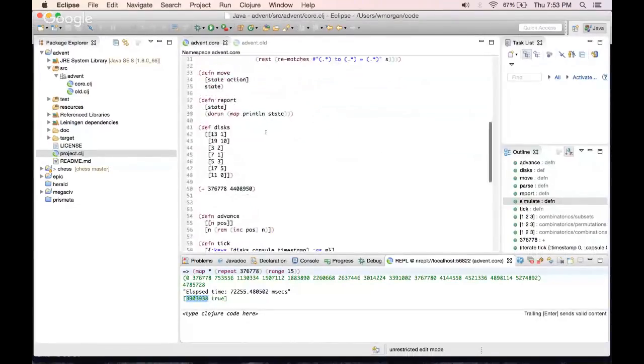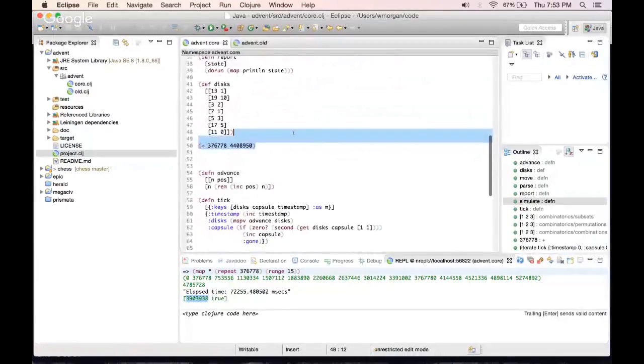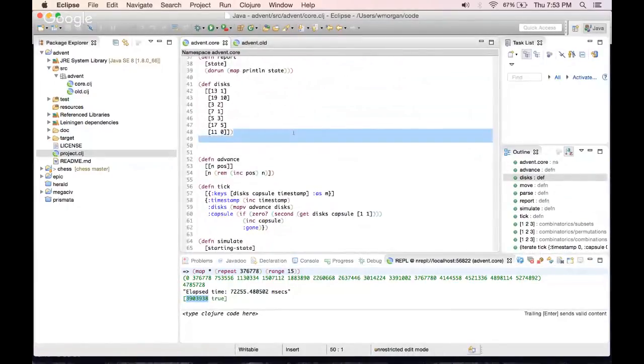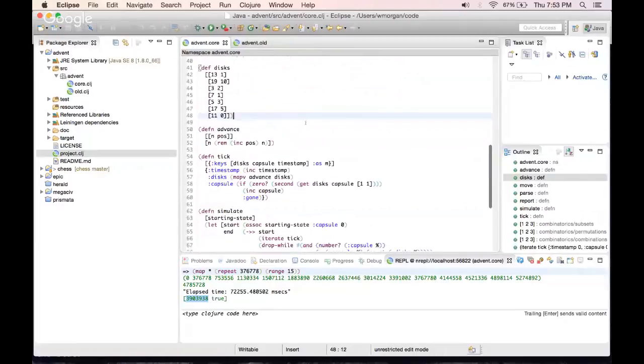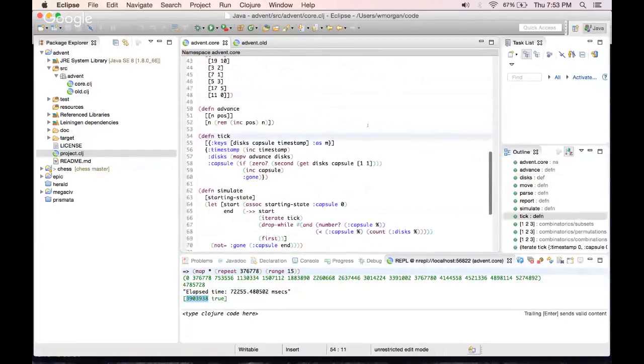I wrote a single function to simulate both the capsule dropping through the disks and the disks rotating without a capsule dropping through. So here's my state transition function, where there's a timestamp.